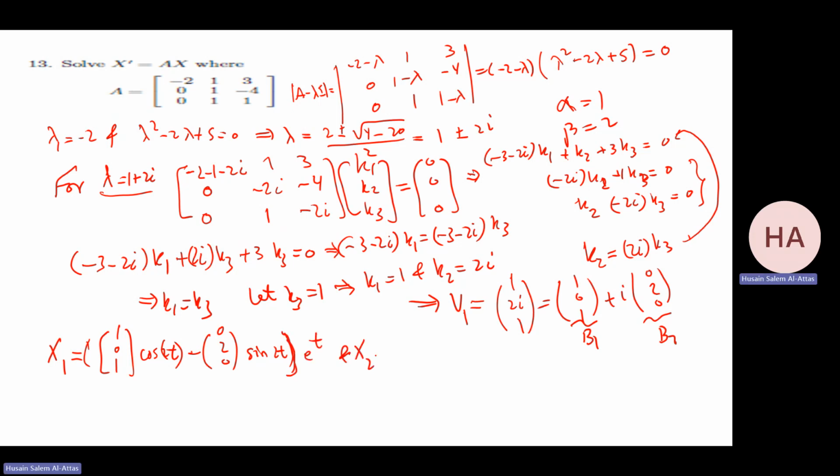And X2 is what? X2 is, where is it? Yeah, 0, 2, 0 cosine 2t plus 1, 0, 1 sine 2t, times e to the t, which I can rewrite as cosine 2t minus 2 sine 2t.